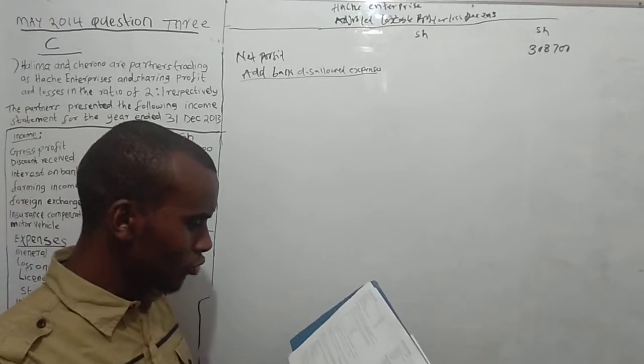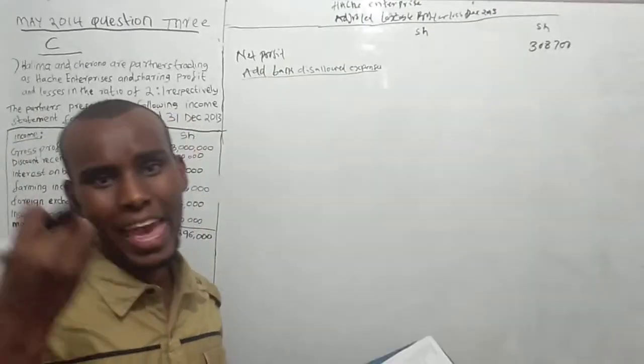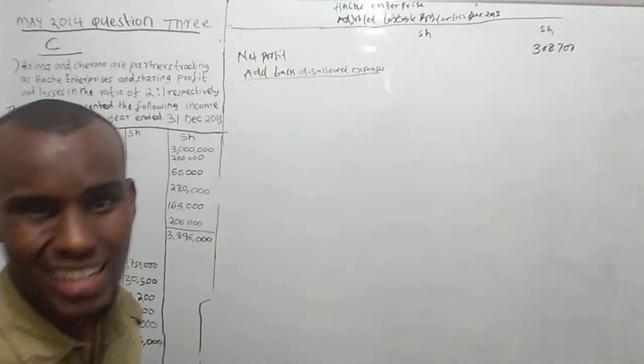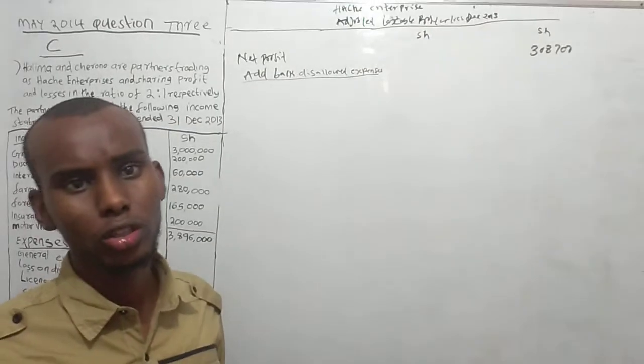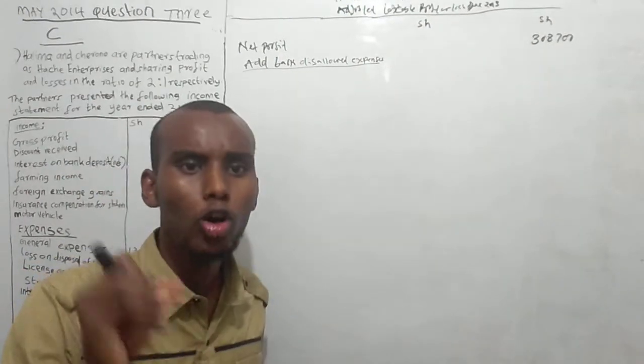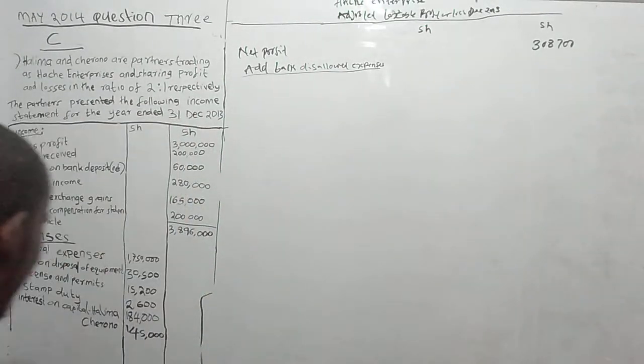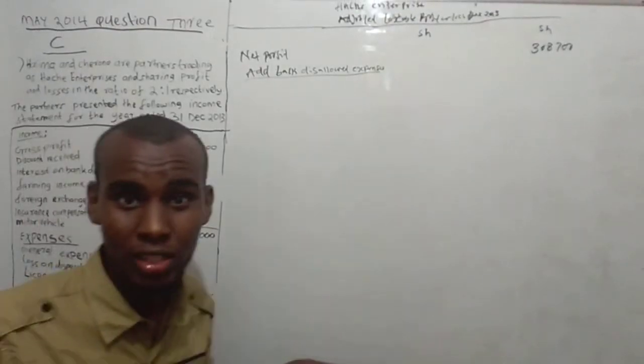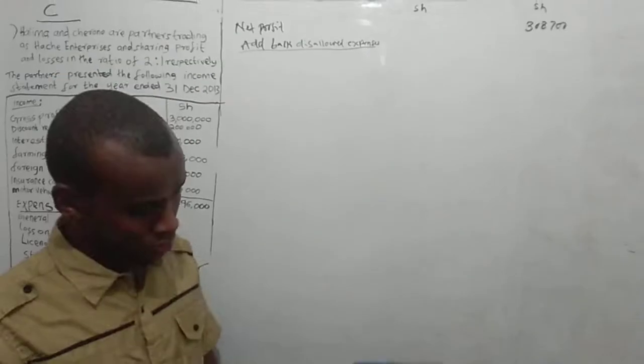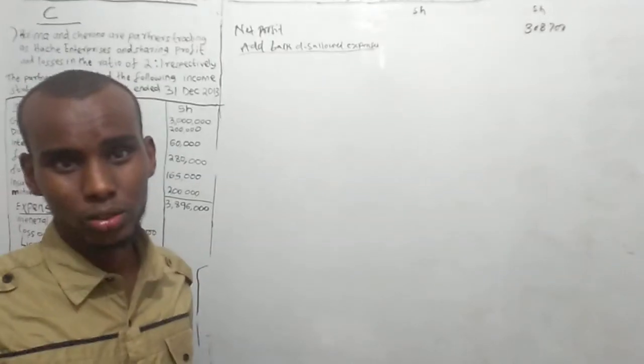Now you see, out of these five expenses, there are some which are allowable and some which are disallowable. So we are going to pick only the disallowed. So if you take these general expenses as 1,750,000, let's go and see the disallowed.